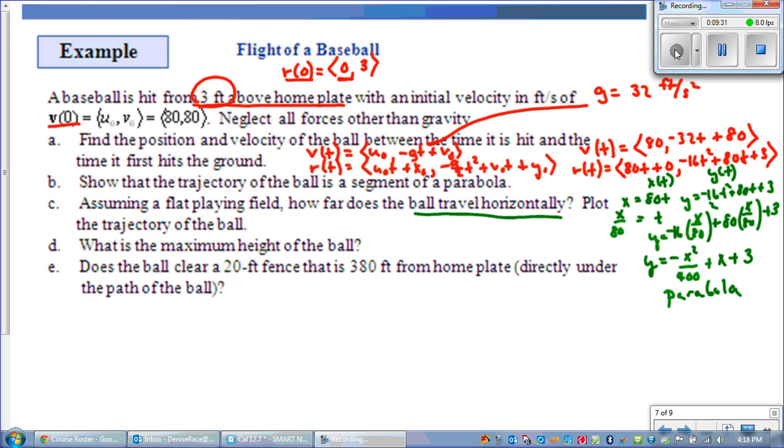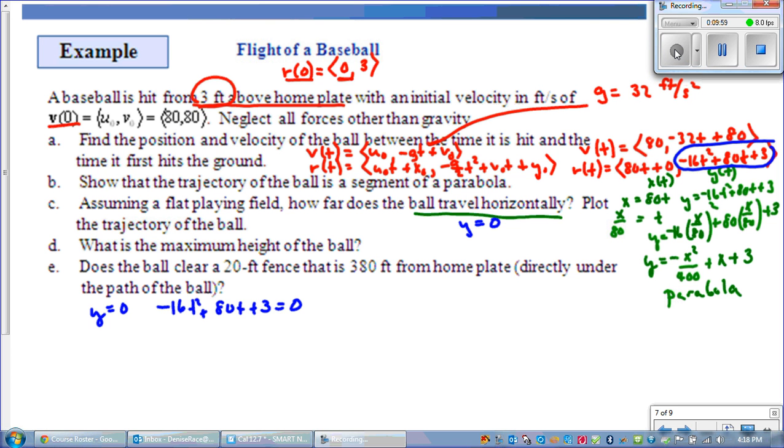So if we want to know how far the ball travels horizontally, we want to know at what point y is equal to 0. So now take the equation that we have for the y component, which is this right here, and just set the y component to 0. So we want to solve negative 16t squared plus 80t plus 3 equal to 0.